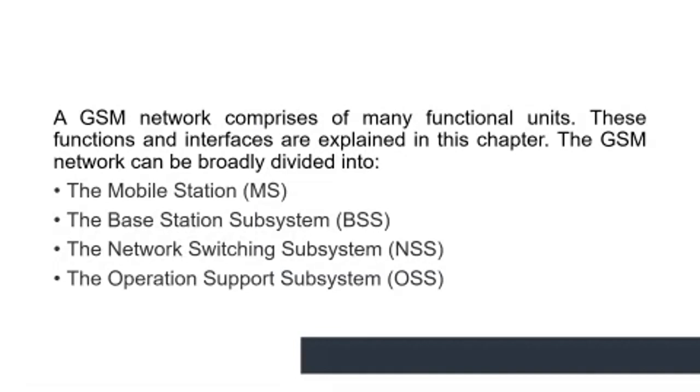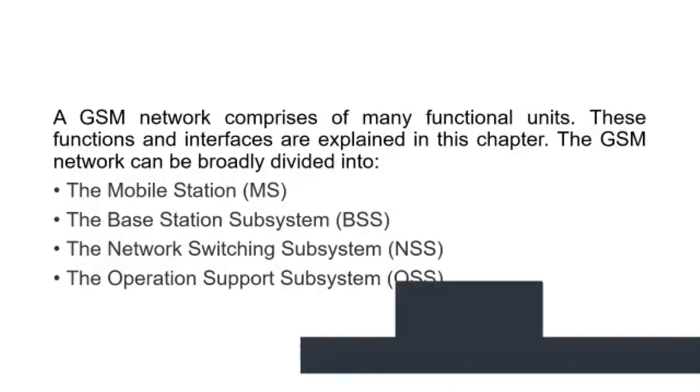Additional functions are control of frequency hopping, performing traffic concentration to reduce the number of lines, providing an interface to the operation and maintenance center, time and frequency synchronization, power management, and time delay measurement of received signals from mobile stations. These are different functions of the BSS.